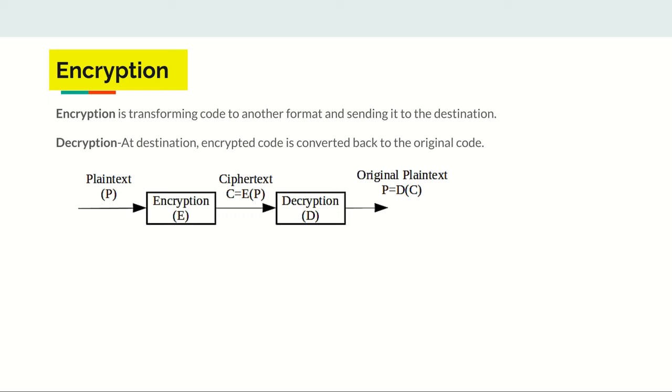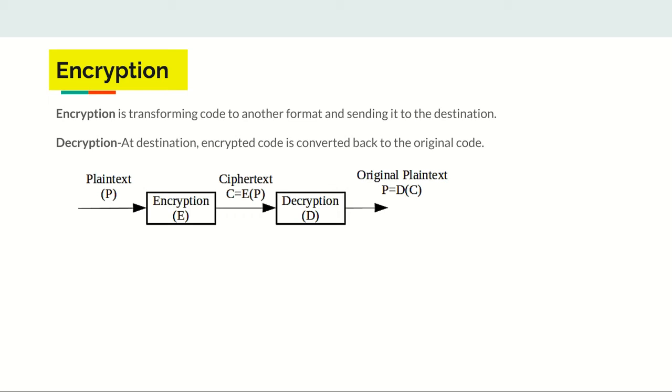Like that, there are different formats, and here P is plain text. If you want to send that text to another destination, first we encrypt.